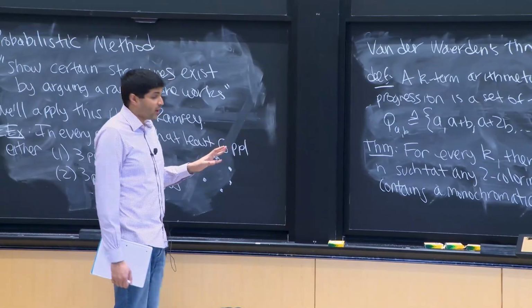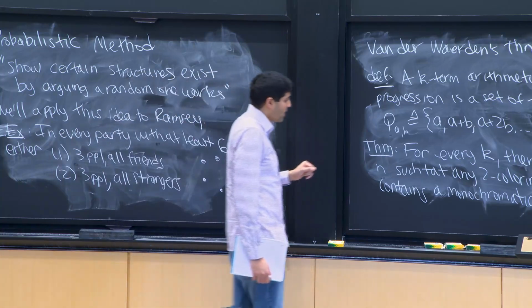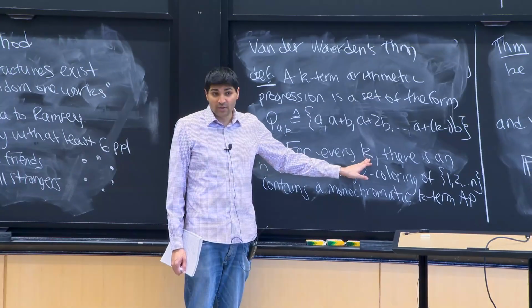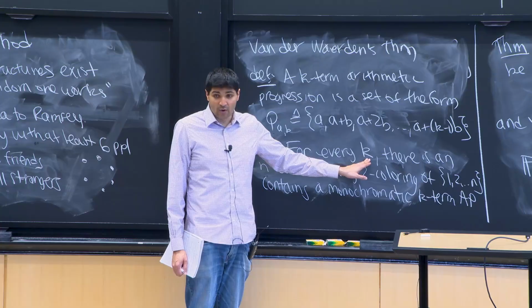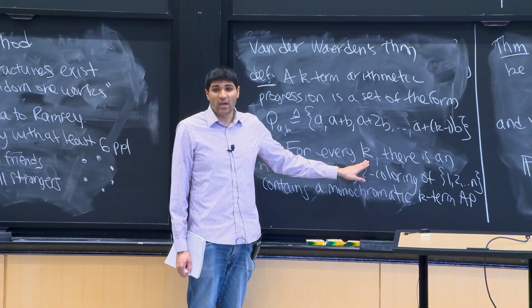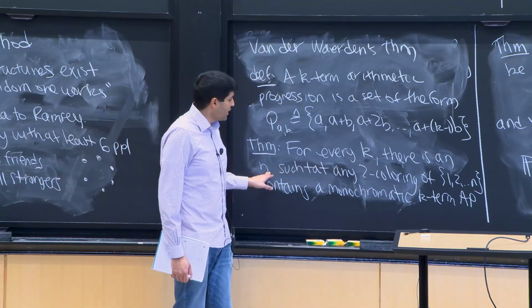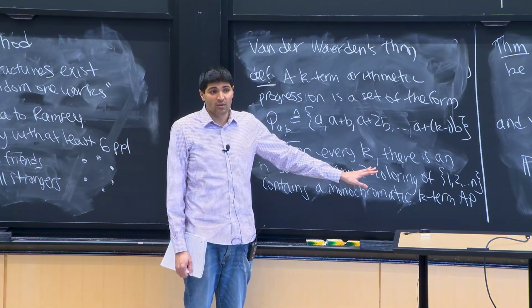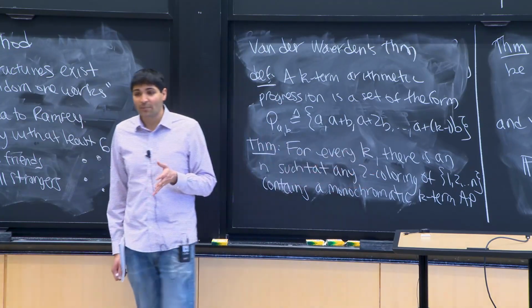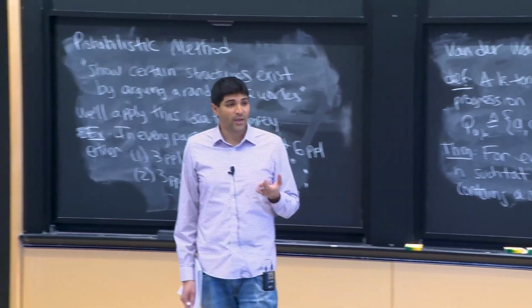Again, there are a lot of quantifiers in this, so let's make sure we understand it. I want to find some k-term arithmetic progression, one that's monochromatic. For whatever k I choose, there's some large enough n so that no matter how you two-color the integers from 1, 2 up to n, there's no way to avoid it.